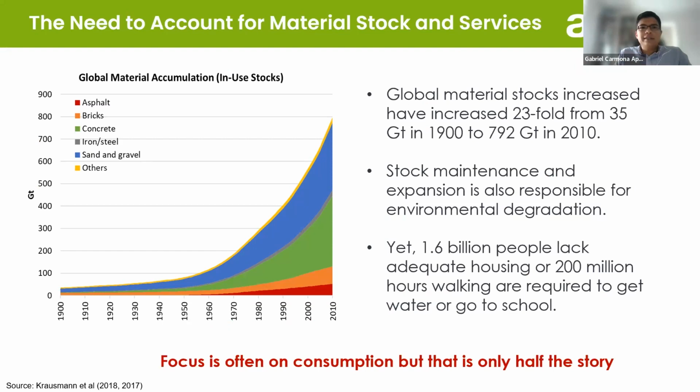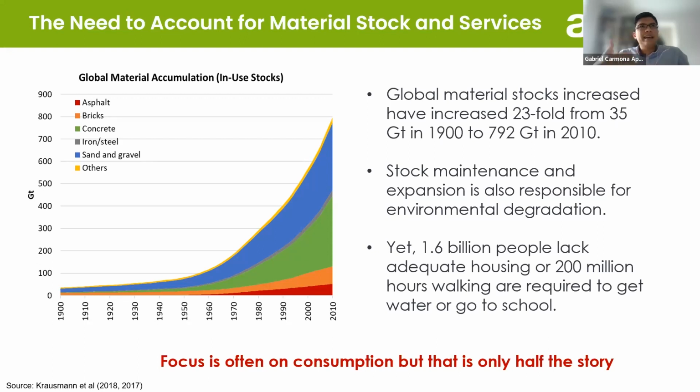On the other hand, we have how society has evolved in the last 120 years. Since 1900, the material stock levels have increased 23-fold, and this will continue, and greater numbers of flows will be required to use and maintain the stocks that society tends to accumulate.